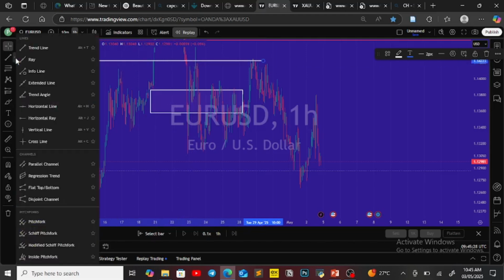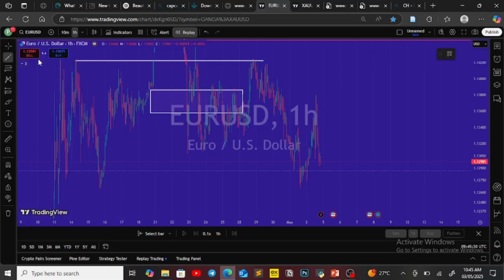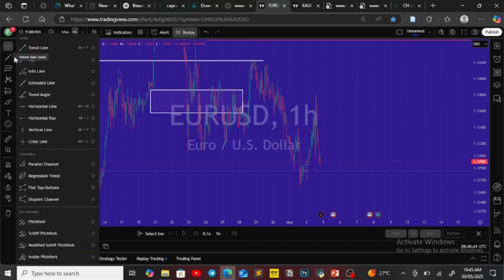Under the trend line tools, you have the ray. This is the ray. We have different tools like that. This ray is mostly used by people who trade based on the trend of the market.